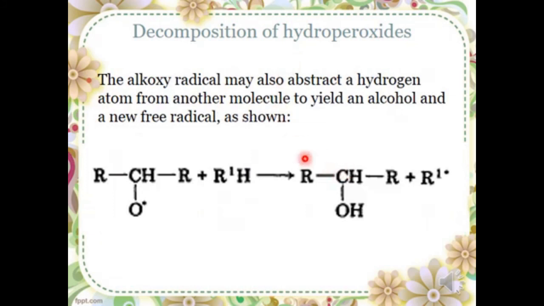Okay, so this shows the alkoxy free radical abstracting another hydrogen from another molecule, another fatty acid, which in turn will form alcohol and also a new radical, and this radical will propagate through chain reaction.